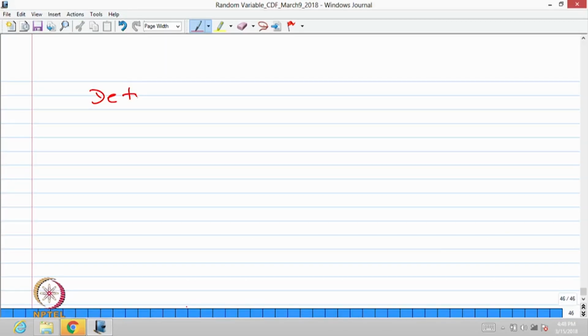The definition, probability generating function.